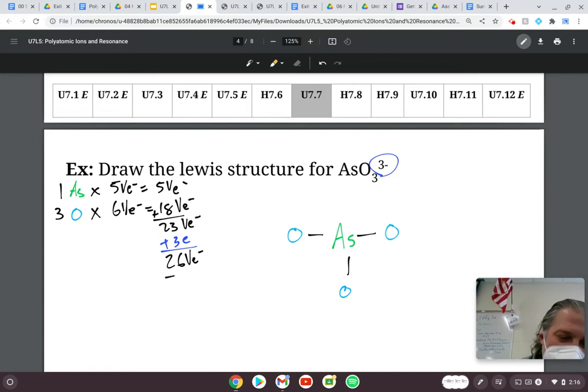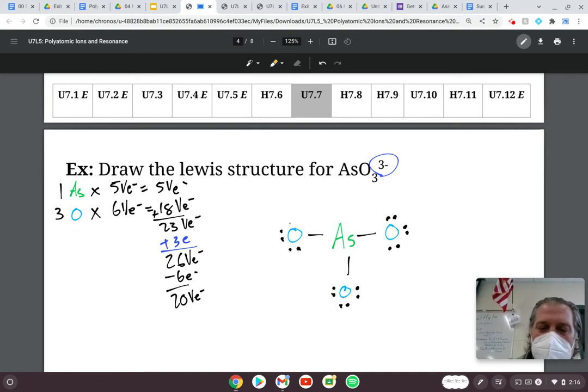So I'm going to subtract 6 electrons from my total. So now I've got 20 valence electrons to find a home for. I start adding pairs of electrons to all of the other atoms until I've used up all 20. So 2, 4, 6, 8, 10, 12, 14, 16, 18, 20.